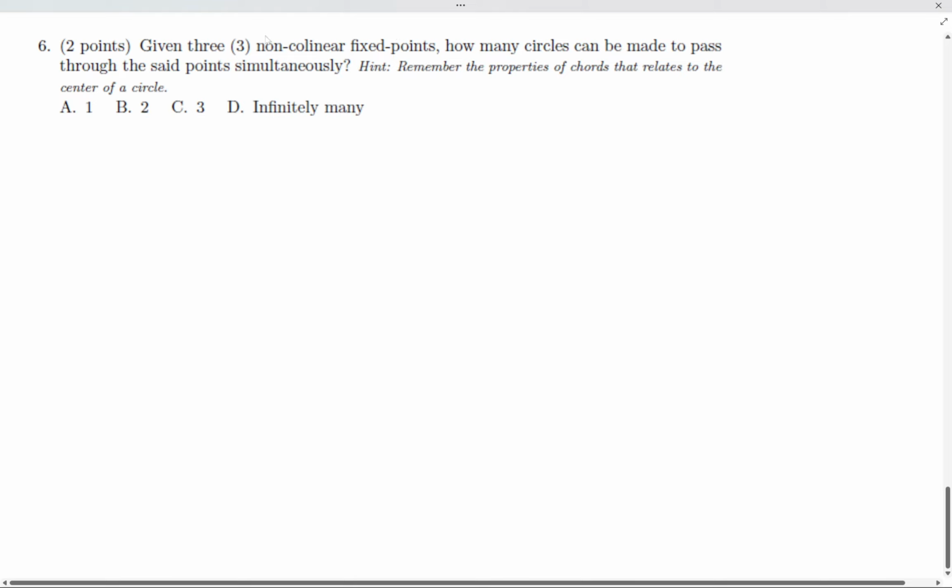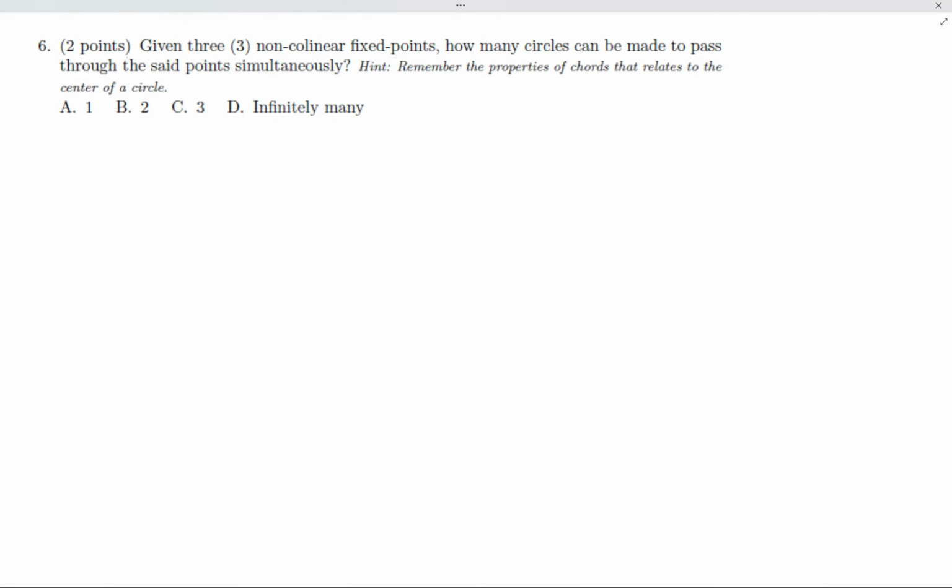Now let's evaluate each of your choices. Let's have here another drawing. Let's call the points A, B, C: A, B right here, and then maybe C right here. Now, it says here non-collinear fixed points. Remember, non-collinear means that we cannot connect all of the 3 points in a single line.